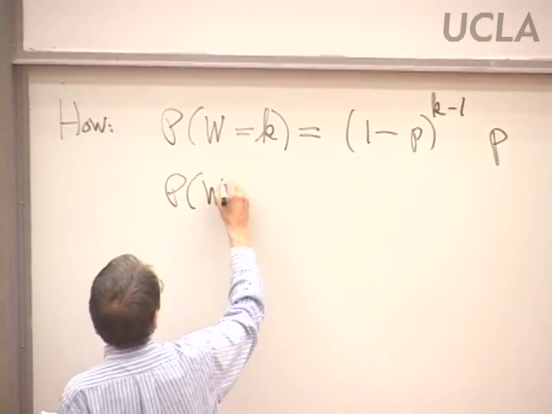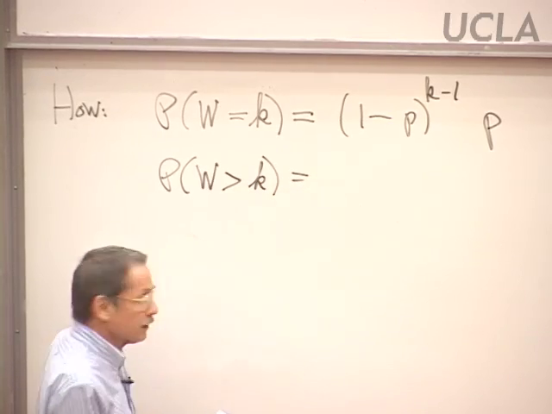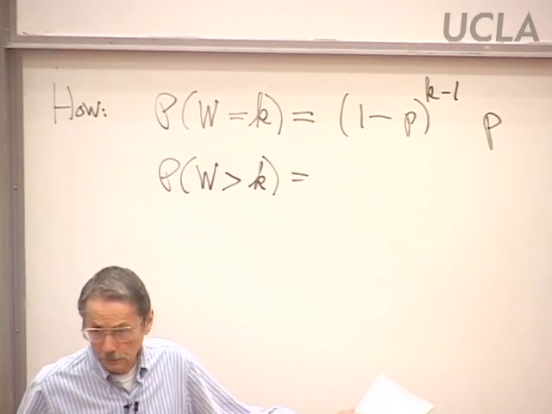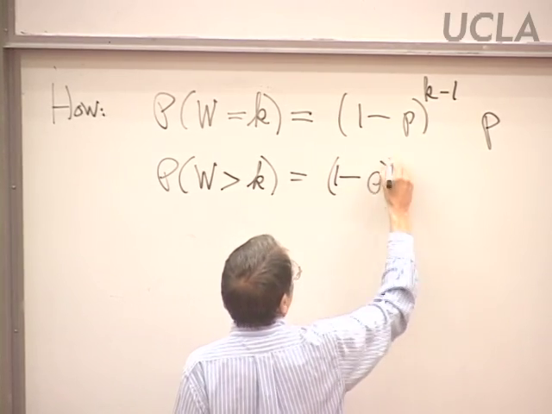The probability that W is strictly larger than k, well, that just means that the first k trials all failed: (1 minus p) to the kth power.